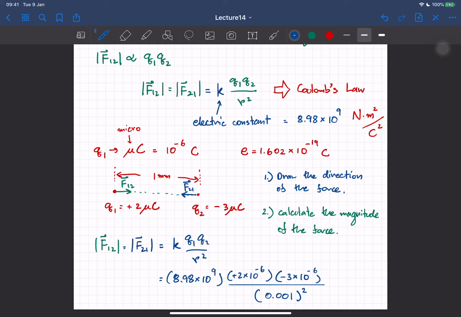And then you just plug into your calculator. So I'm going to do that, and then we're going to take a break soon. And then what I get is about 5.4 times 10 to the 3 Newton.